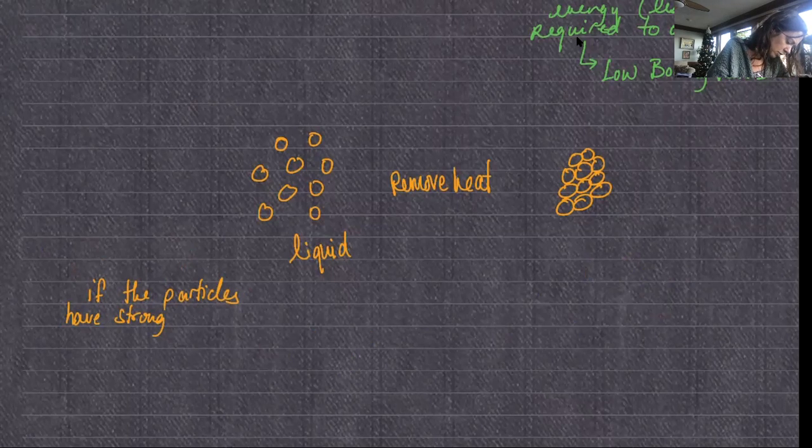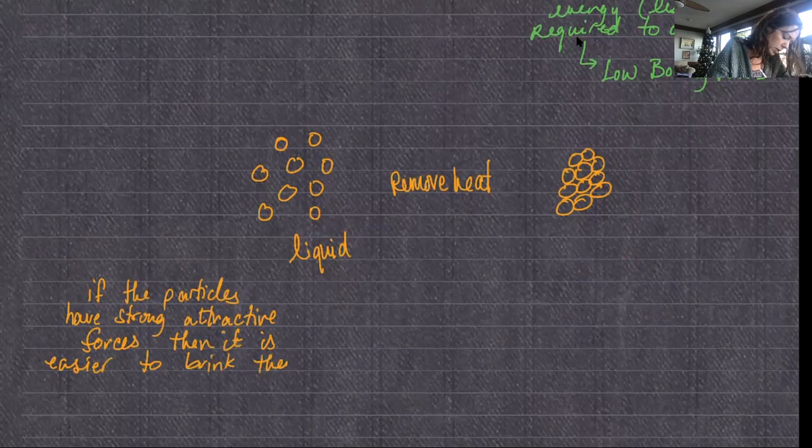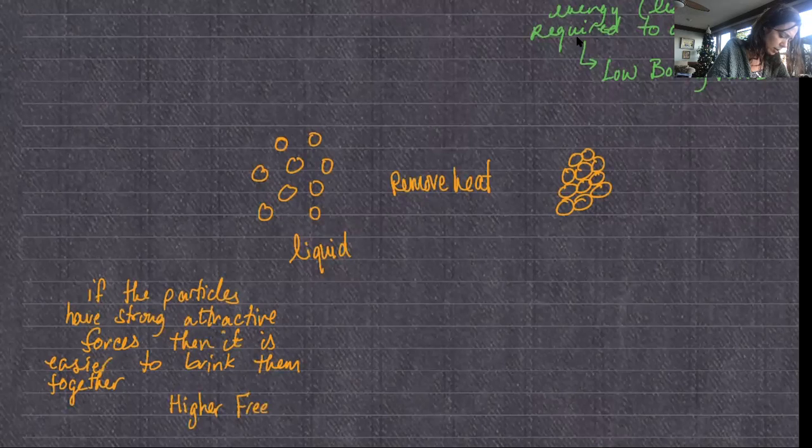If the particles have strong attractive forces, then it's easy to bring them together. All right? And we see that we don't have to remove as much heat. Therefore, we do not have to get it as cold, and we actually see higher freezing points.